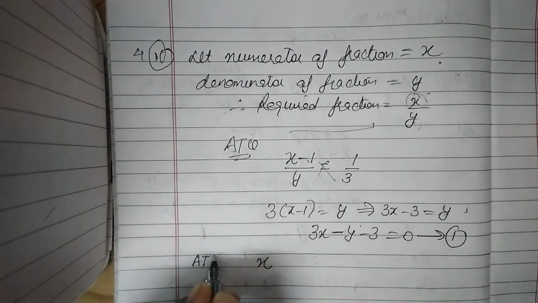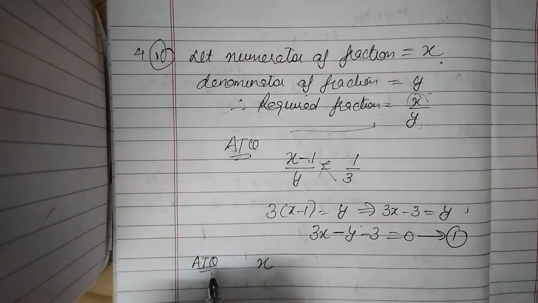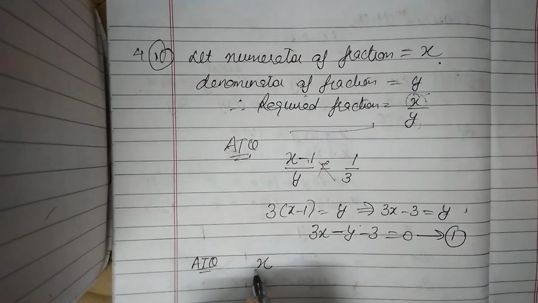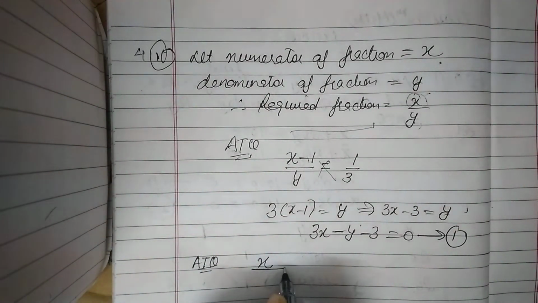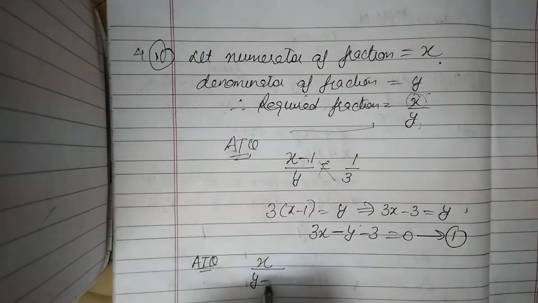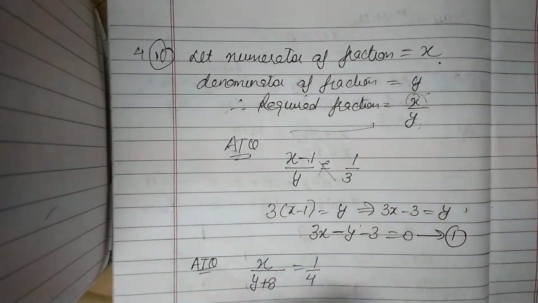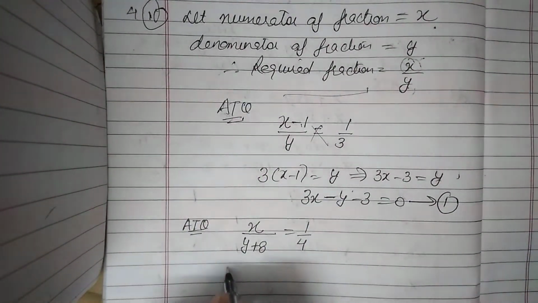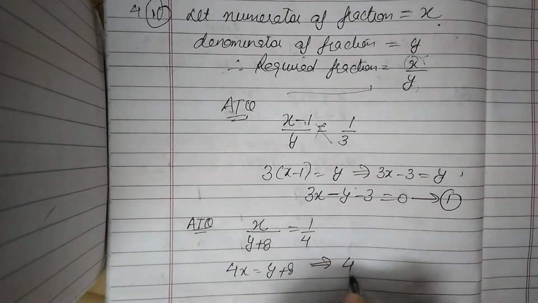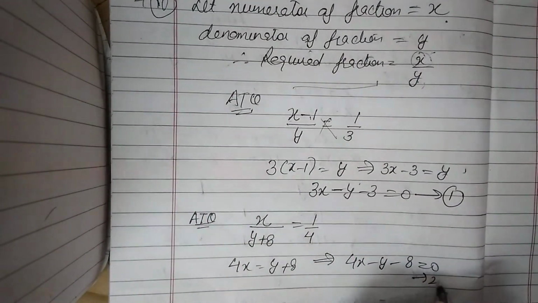According to the second condition, the numerator is the same and only the denominator changes, that is if we add 8 to the denominator, that is y plus 8, the fraction reduces to 1 by 4. Now again by cross multiply, 4x equal to y plus 8. So 4x minus y minus 8 equal to 0. Consider this as the second equation.